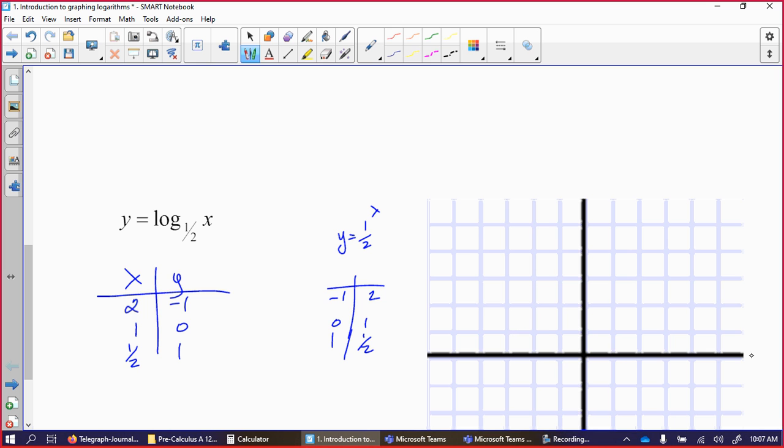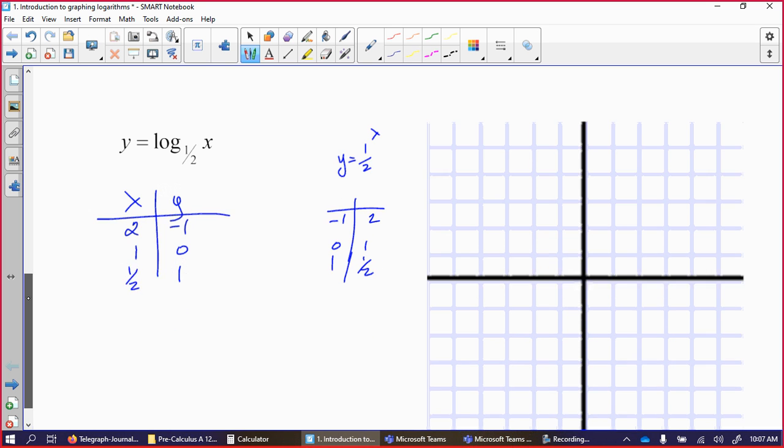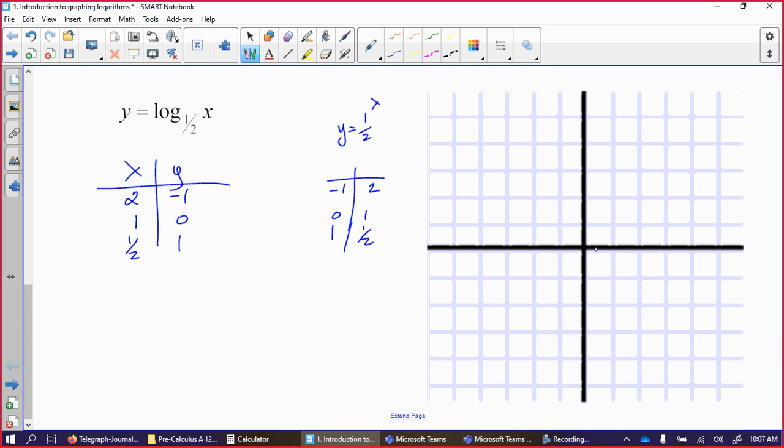So instead of having the decay, this one is going to be over 2, down 1, over 1 and 0, and a half and 1.